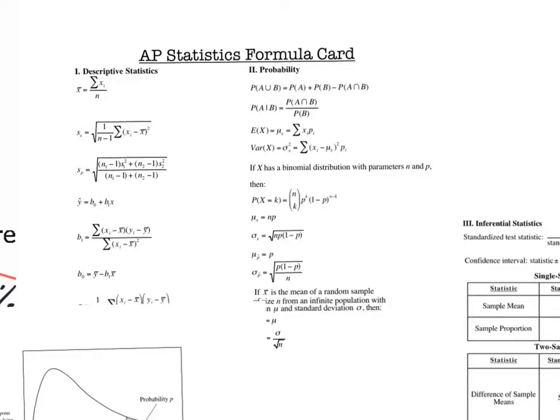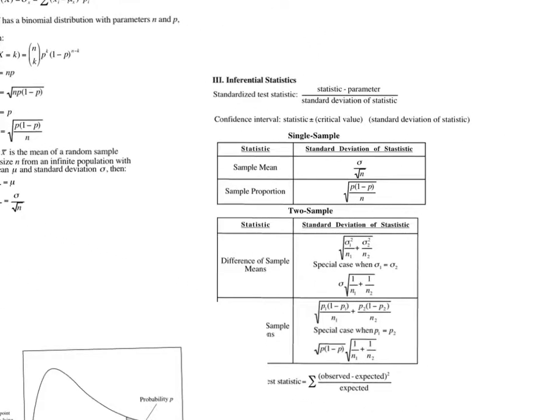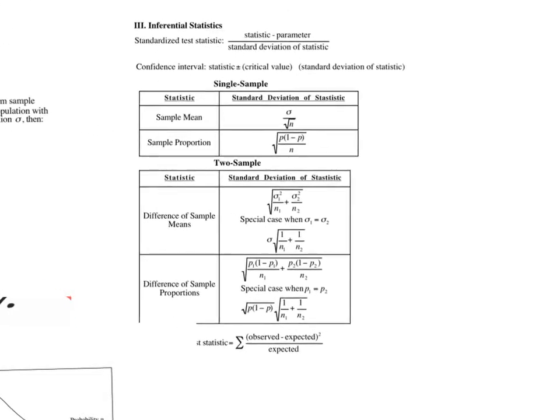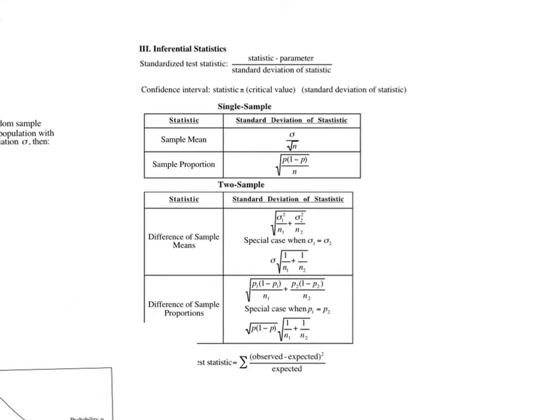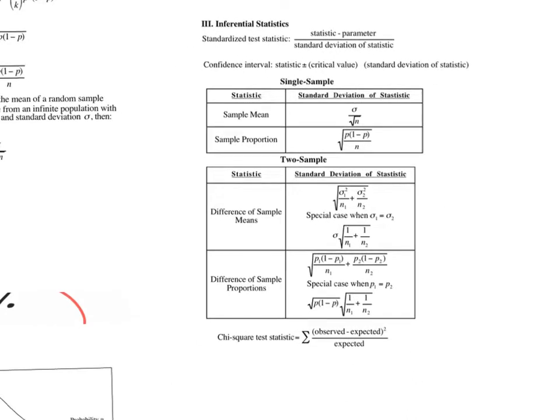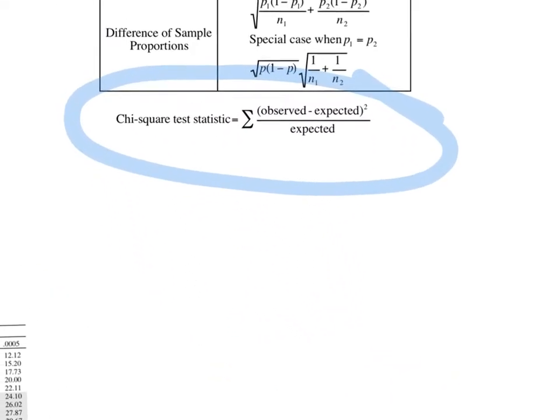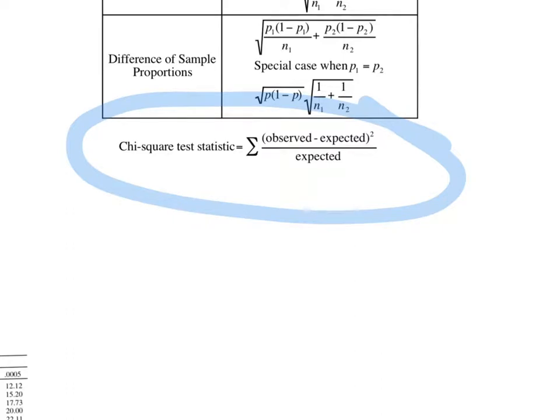We are actually going to be doing stuff on the back of it, at the very bottom, because we are almost done, and that's the last thing we're going to learn on the formula chart. This is how we get our chi-squared statistic. It's also on page 3 in your packet.